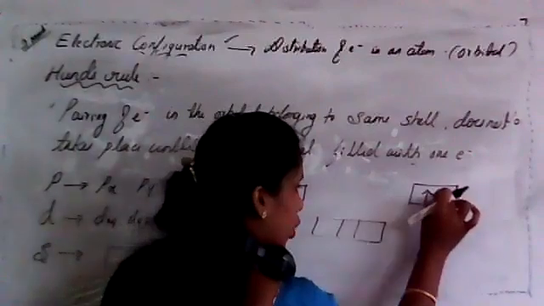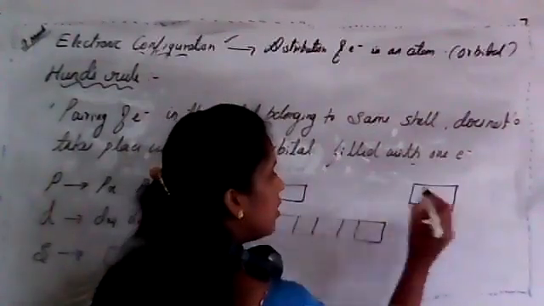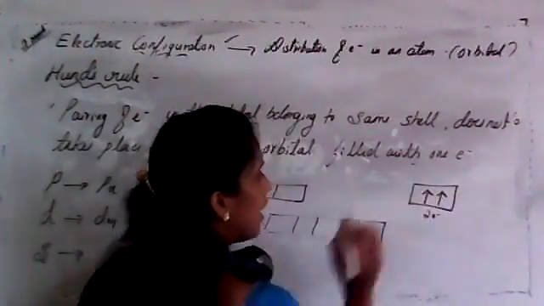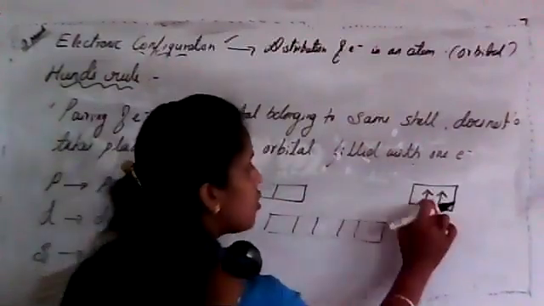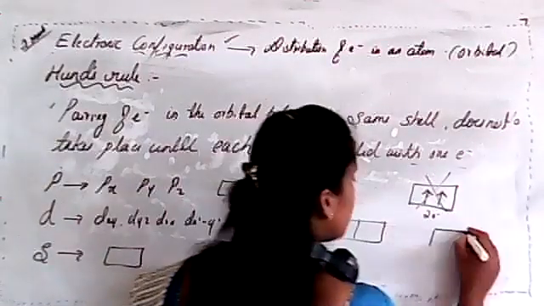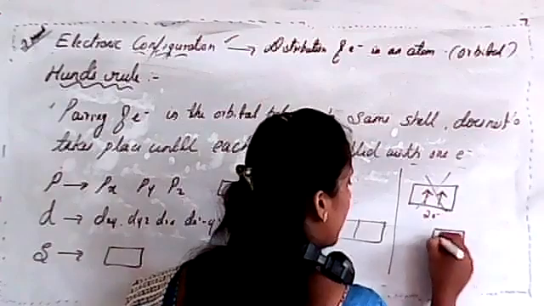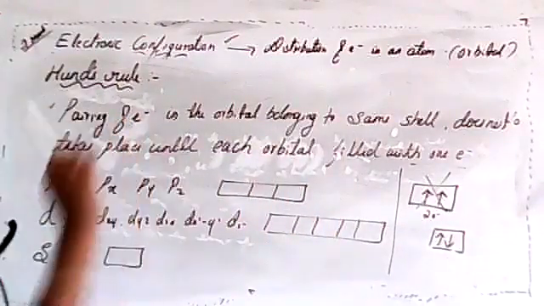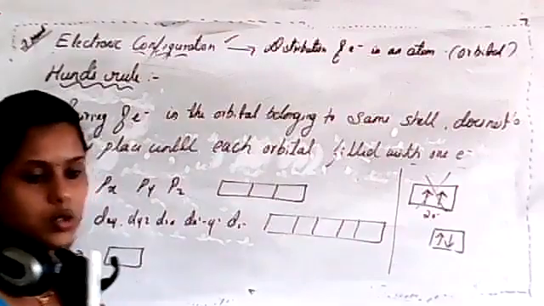In that box itself, it contains 2 electrons, isn't it? If you mention it like the same spin, it is wrong notation. If you have to note 2 electrons, then it must be opposite spin, according to Pauli's exclusion rule.